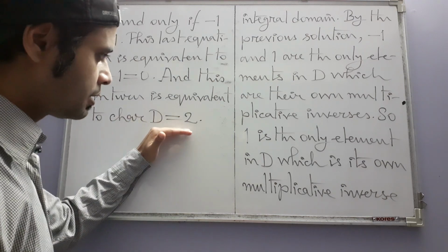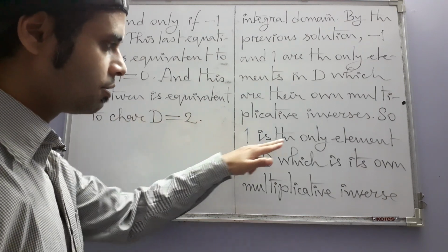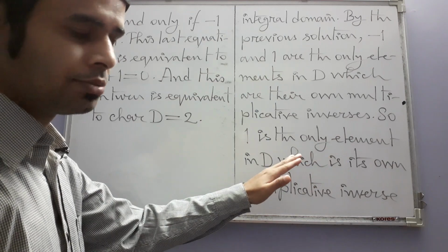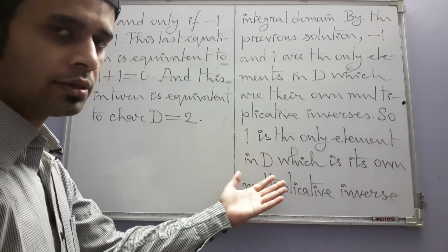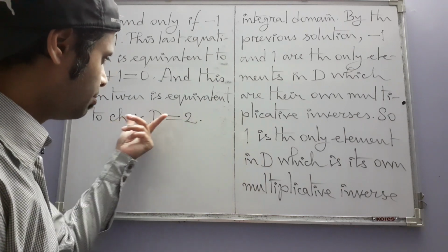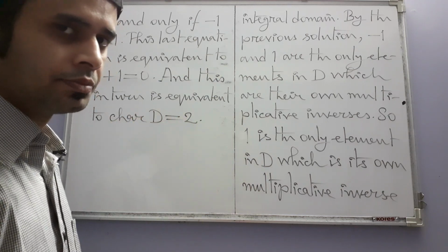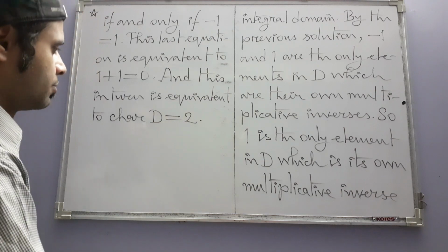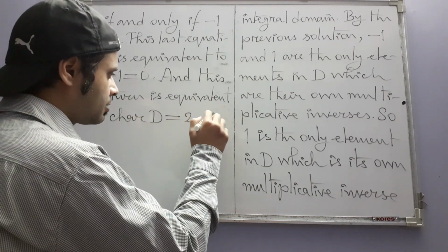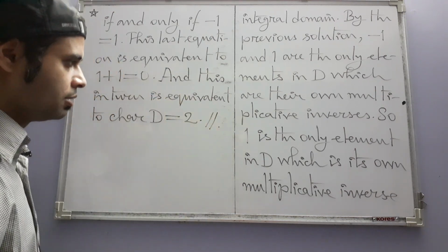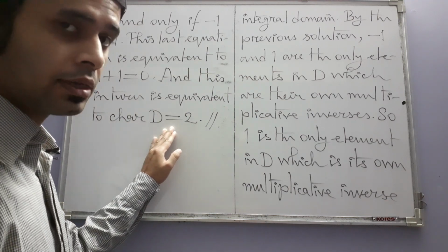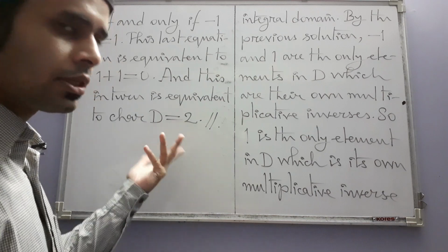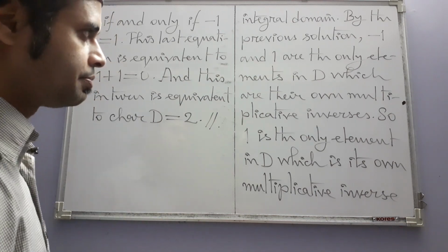If you are in such an integral domain, then unity is the only such element, and conversely, if unity is the only such element in an integral domain, then its characteristic must be equal to 2. So this is the characterization of such integral domains, and it turns out that the characterization is in terms of its characteristic. That's just it, that is the solution.